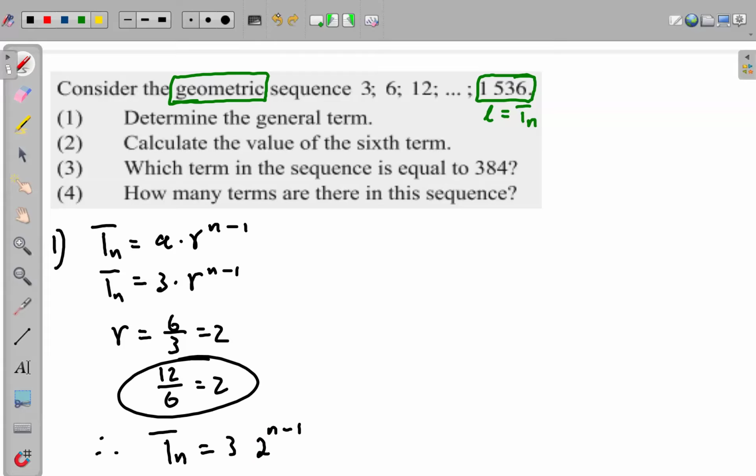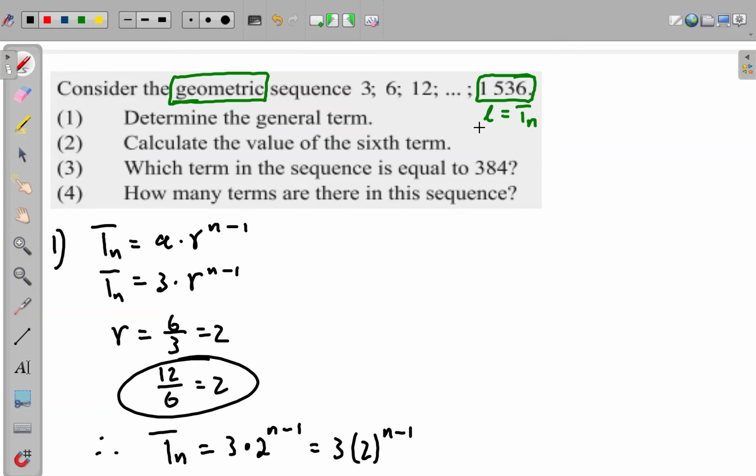So beware of that, please. You don't want to lose marks unnecessarily. So these two are actually one and the same. Please take note that it is not 3 times 2, which is 6. No, it is 3 times 2 to the n minus 1. Again, mathematics is a language, so notation is very important. How we write things, how we express things is very key.